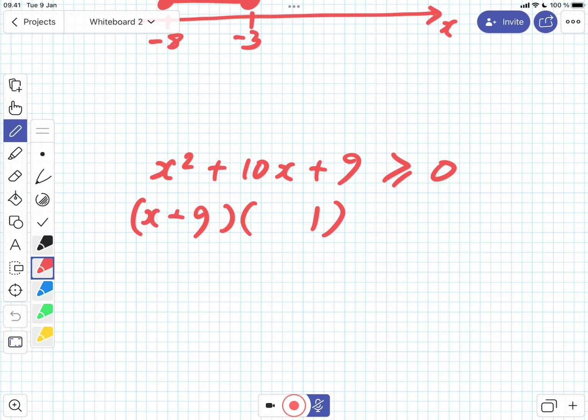So two factors of 9 that add up to 10 give you 9 and 1 in the brackets, x plus 9, x plus 1. So with the factorization, x plus 9 times x plus 1 is greater than or equal to 0.